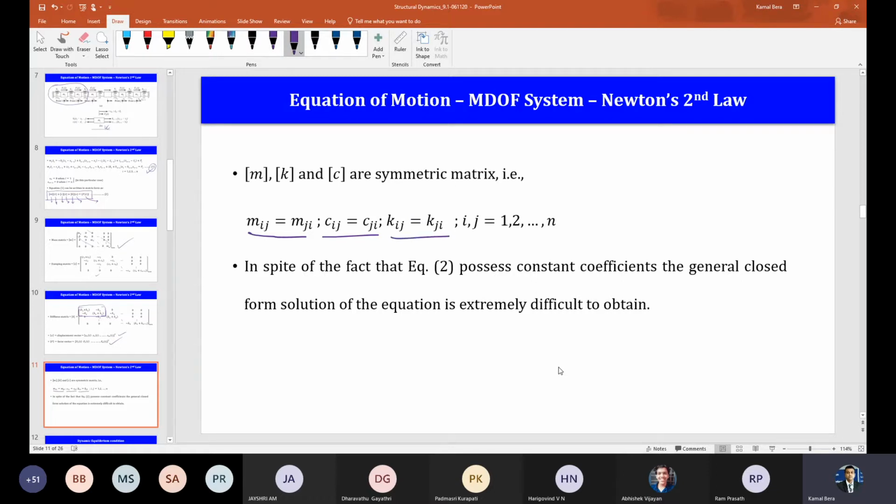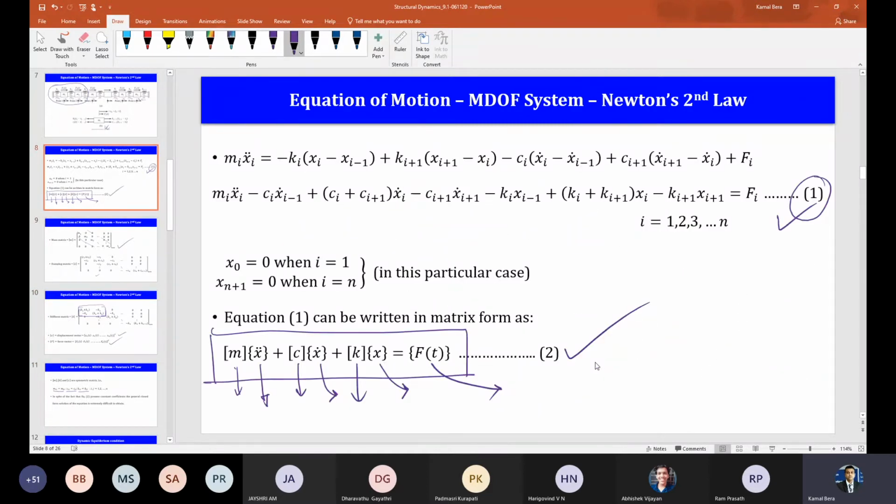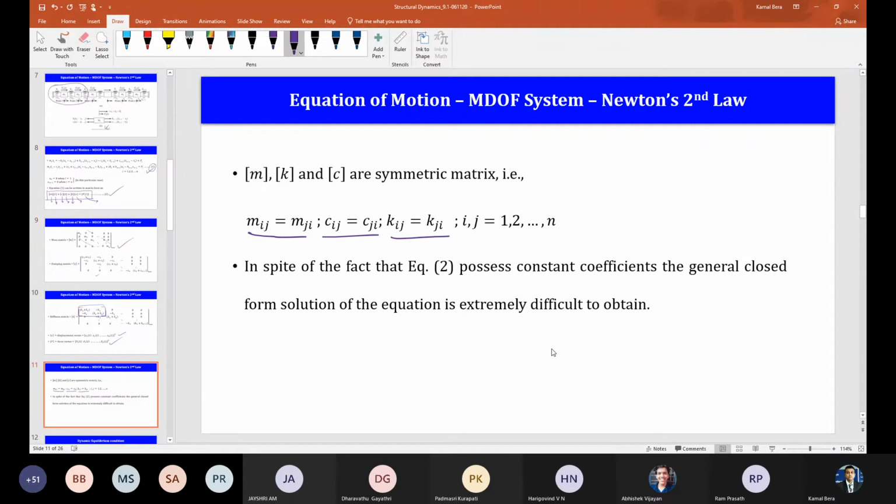Okay. So in spite of the fact that equation 2, our equation of motion, possesses constant coefficients, that is, M, C and K, a general closed form solution of the equation is extremely difficult to obtain. Correct? We did it for a 2 degrees of freedom system by inverting the matrix, when we discussed the tuned mass damper or dynamic vibration absorber. We showed that we can invert the matrix and find the amplitudes of x1 and x2, the amplitude of the main mass and the absorber mass.